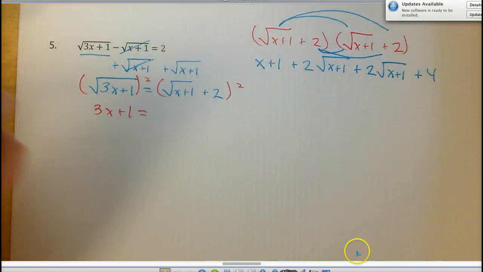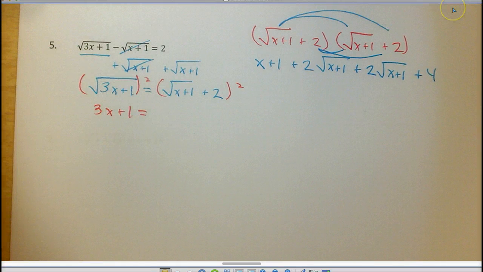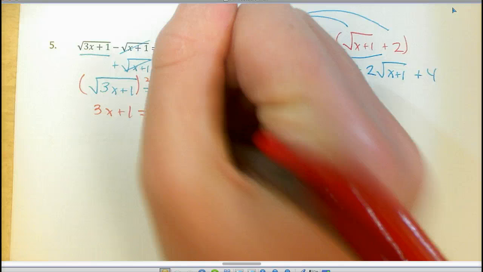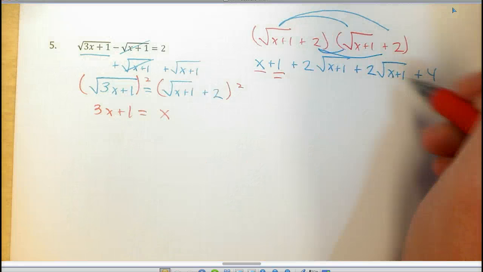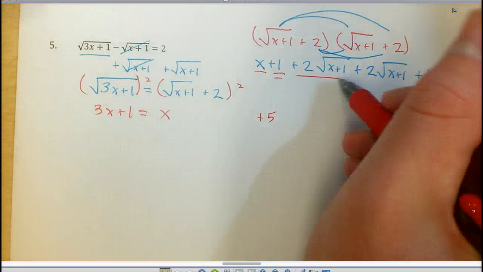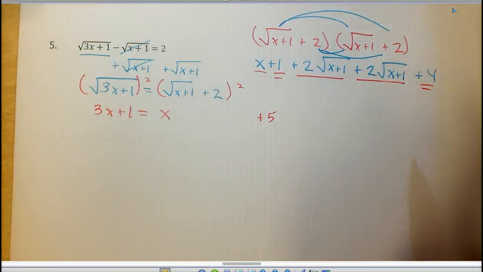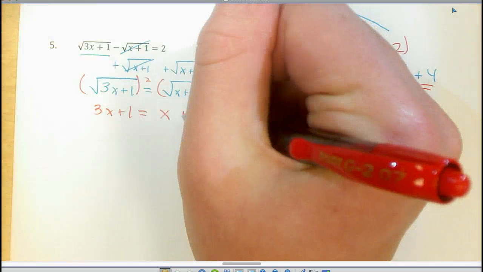So if I simplify that, I end up getting x. I have a plus 1 and a plus 4, so I can combine those and say that's a plus 5 at the very end. And then my middle part, I have 2 radical x plus 1 and 2 radical x plus 1. Combine those, I get 4 radical x plus 1. So in the middle we have plus 4 radical x plus 1.